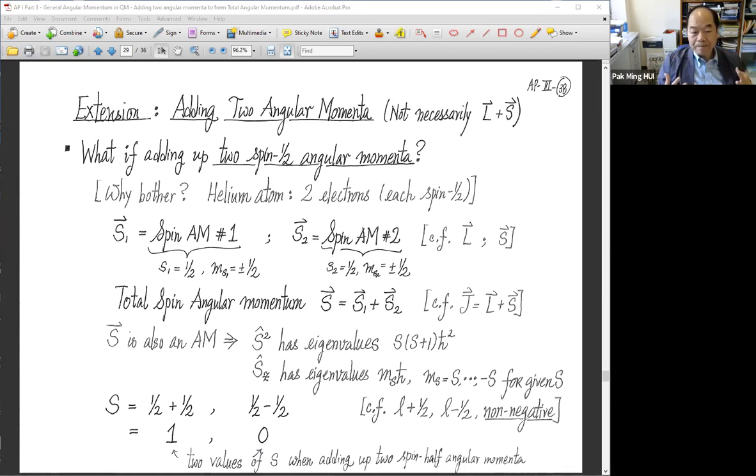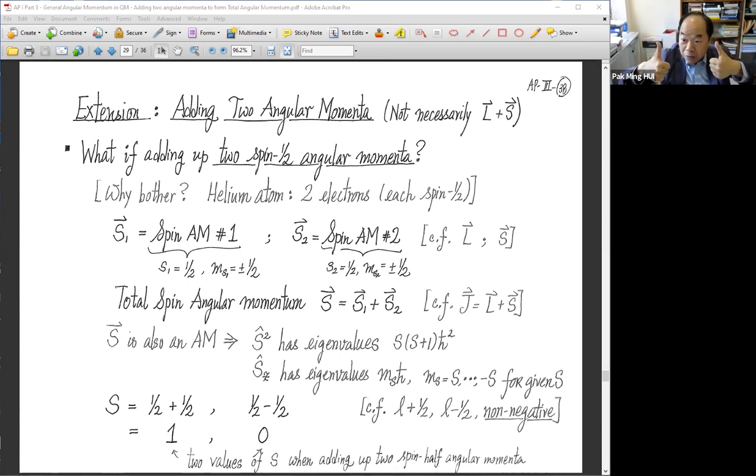Get me? Now, in the previous case, I've been emphasizing relabeling the total number of states. Think about it. We have 2 spin-half. You can think about it as spin half meaning the Z component is either up or down. Now you have 2 of them.